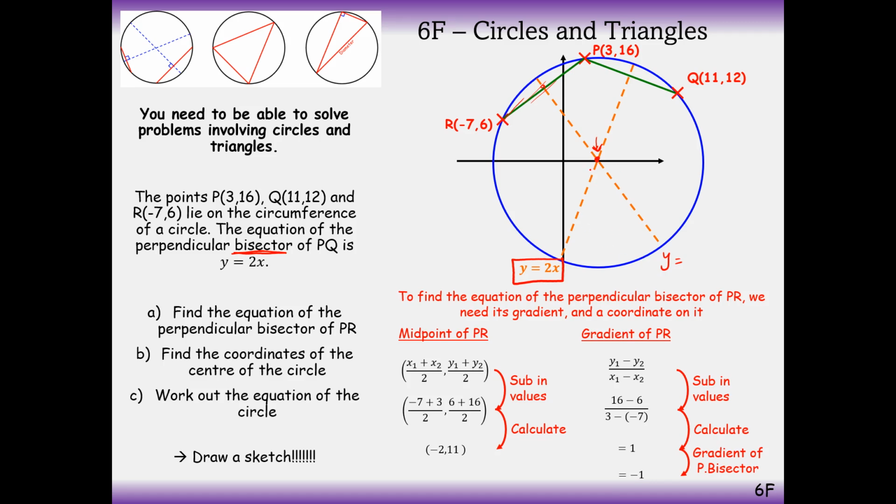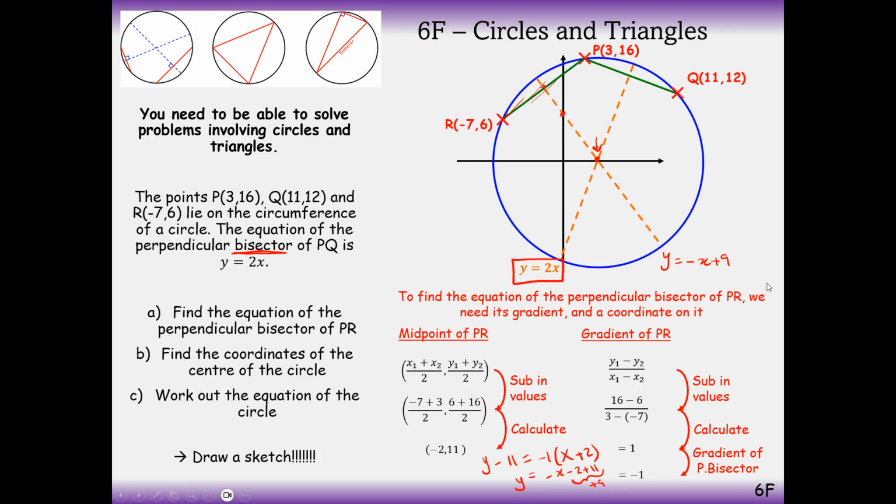So we use y minus 11 equals minus 1 times x minus -2, which makes a plus 2. Multiply this out: minus x minus 2, and then add 11 to that. Simplifying, we get plus 9. So the equation of this line is y equals minus x plus 9, and it makes sense for the intercept to be positive.